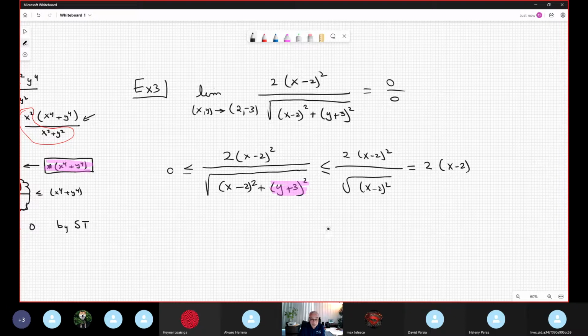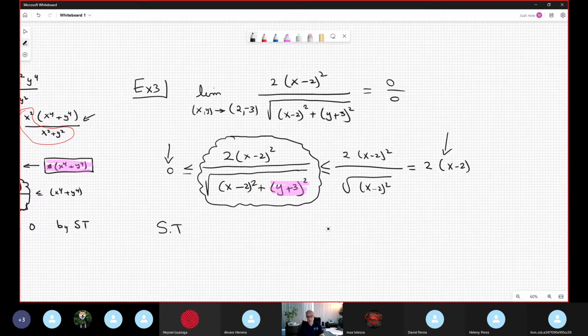Now ready to apply the squeezy theorem. The squeezy theorem, one more time, I repeat: when you have a complicated expression, and you are able to bound it between one function that is a constant, and another function that is not constant but relatively easy, the only thing you should do is apply the limit at both points.